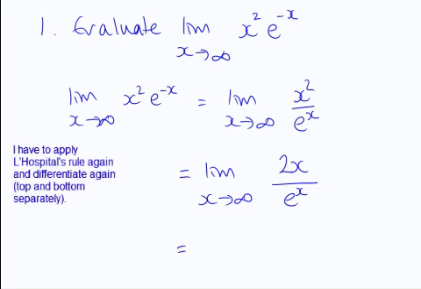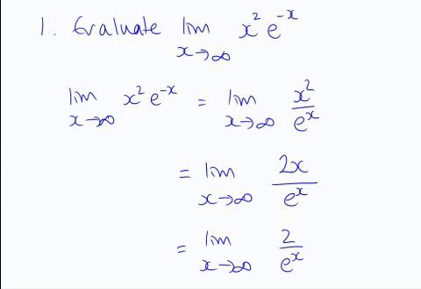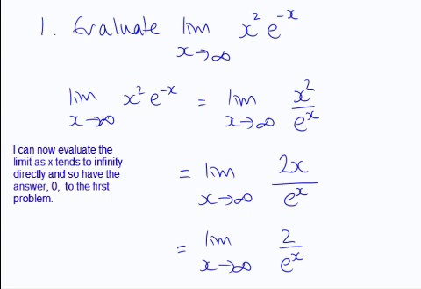So that just means I have to apply L'Hopital's rule again and differentiate again, top and bottom separately. Now I'm in the position where I can evaluate the limit immediately, because as x tends to infinity, the limit of 2 divided by e to the x is just 0. So that's the answer to this first problem.